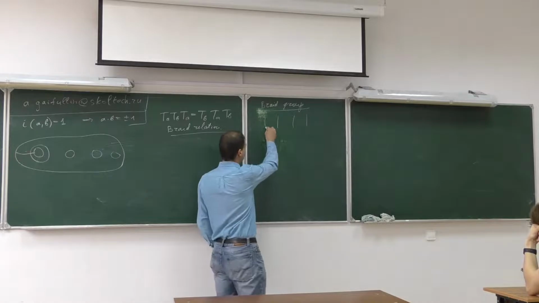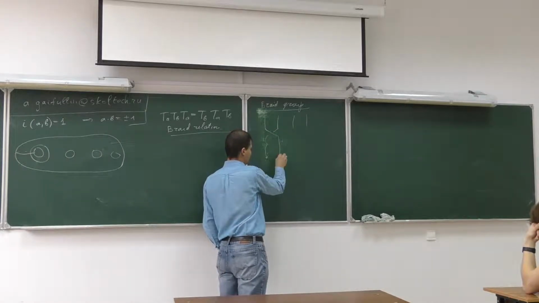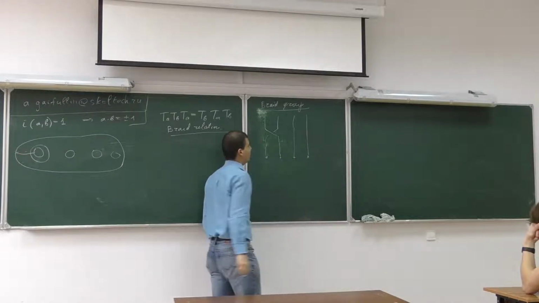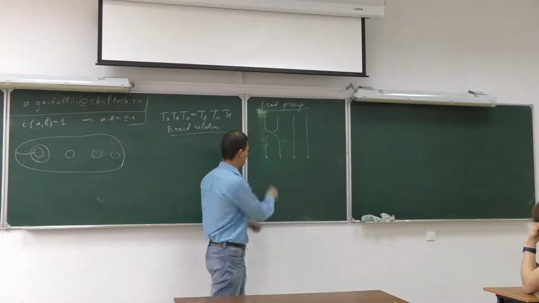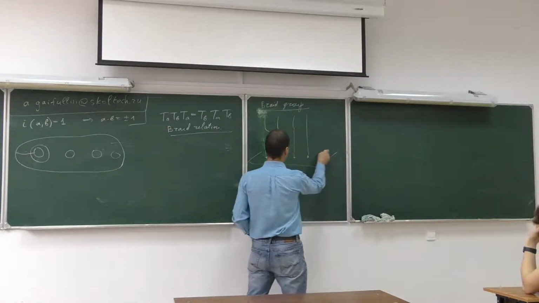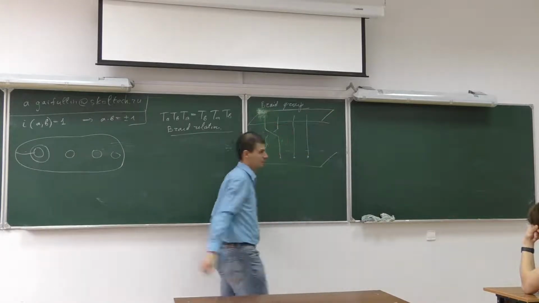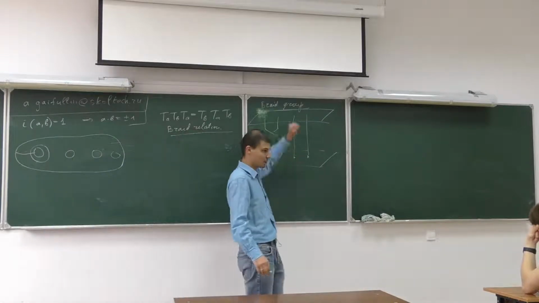But now, if we have such a braid, it consists of several strands that connect points in two collections of points in two parallel planes.